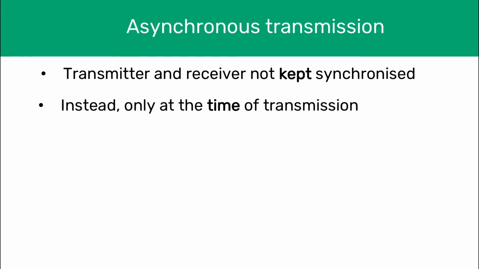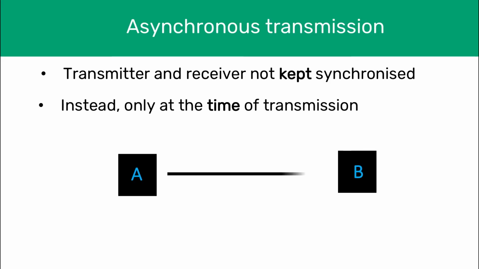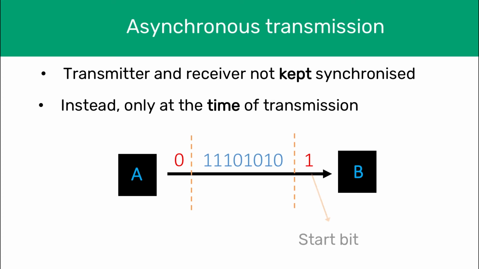By the way, you need the devices to be synchronized in the first place in order to prevent data from being lost if the receiving device isn't ready. I mentioned the presence of a start bit. This is literally the first bit sent, usually a 1, to the receiving device, which indicates the start of the transmission of data.